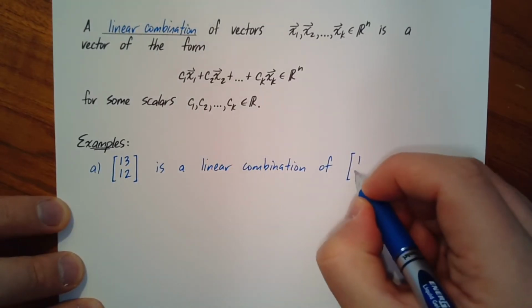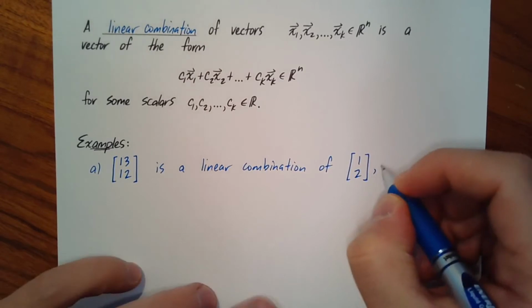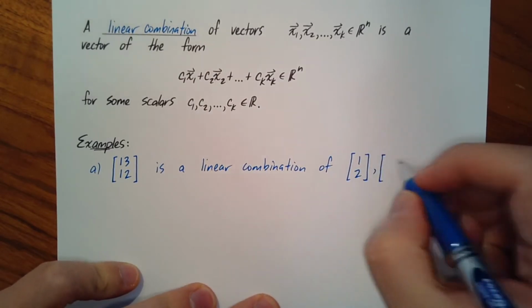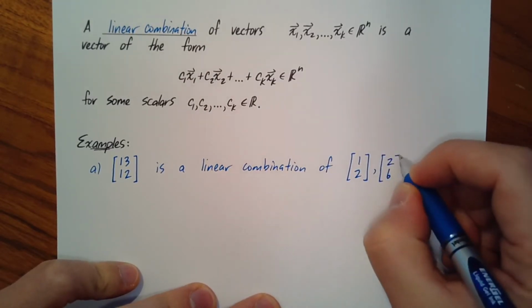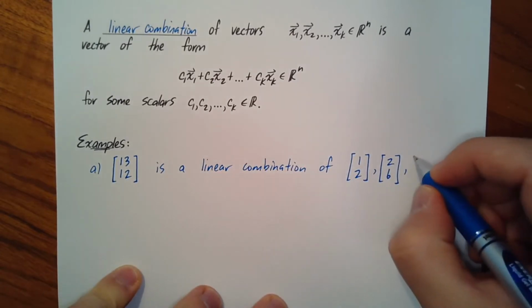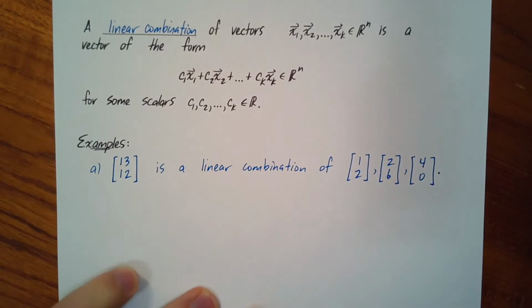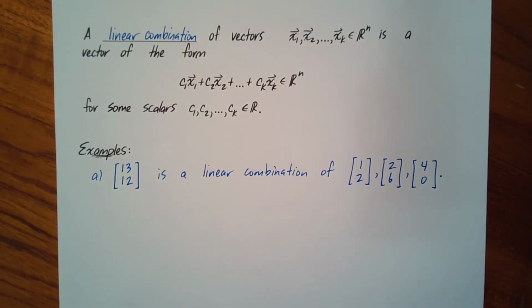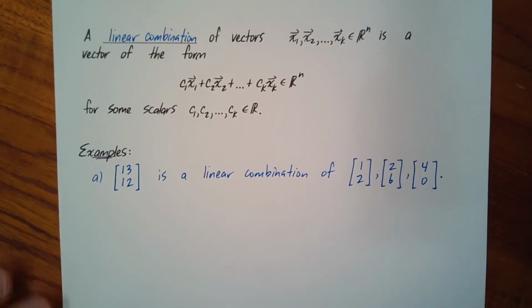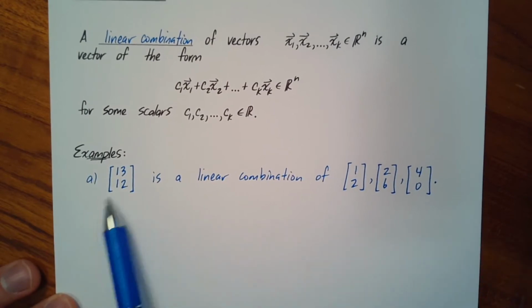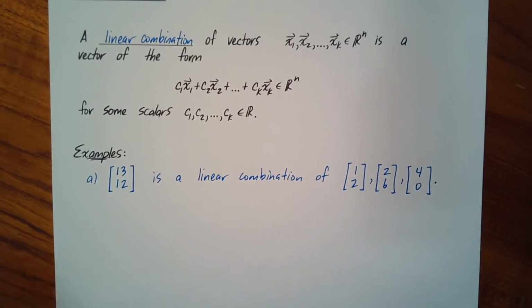So the first vector is going to be 1, 2. The second vector is 2, 6. And the third vector is 4, 0. Okay, so that's my claim. Now, just because I say it doesn't make it true. All right, and how would we check? How would we check if I'm lying to you or not? Or if you believe me, how would you check that what I'm saying is really true?